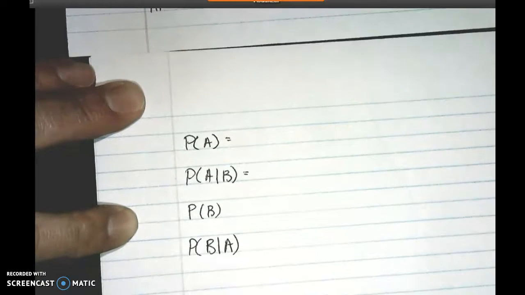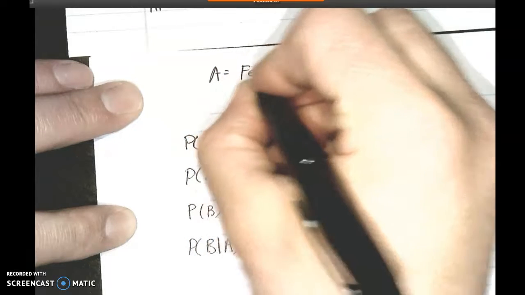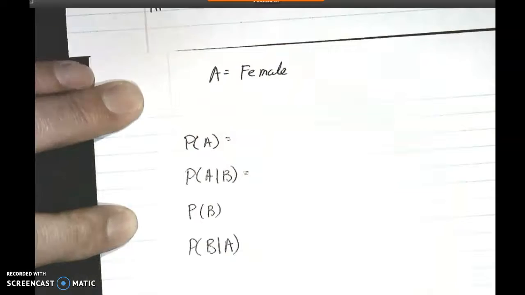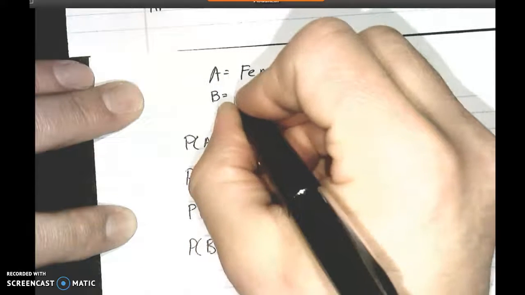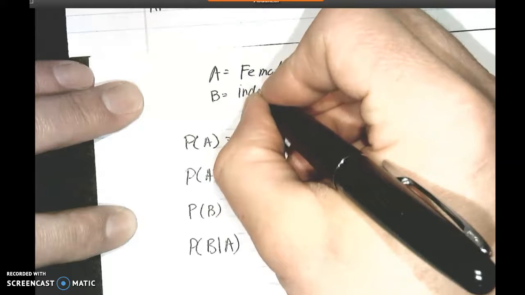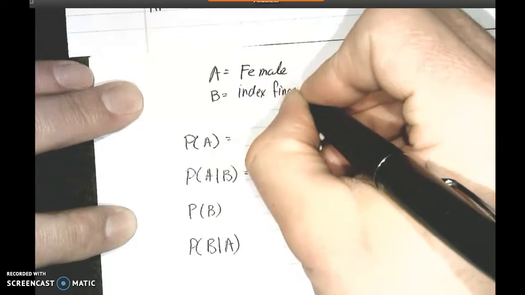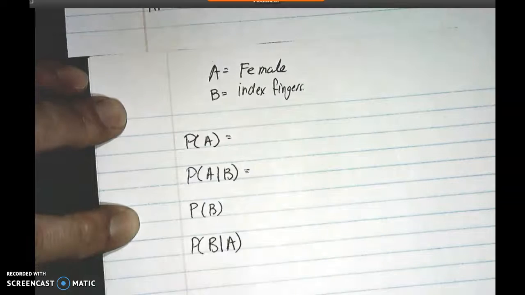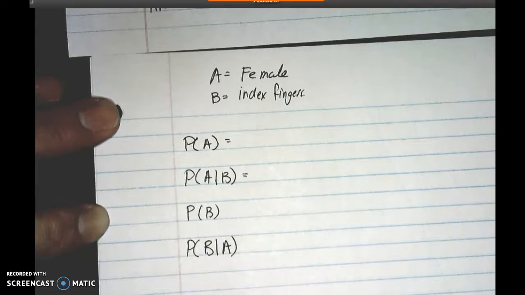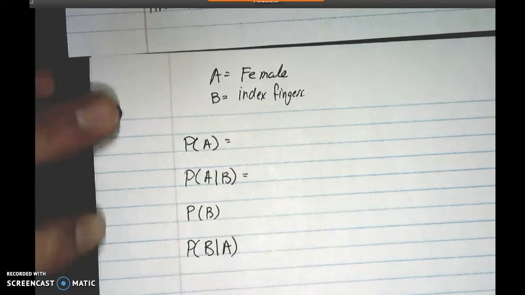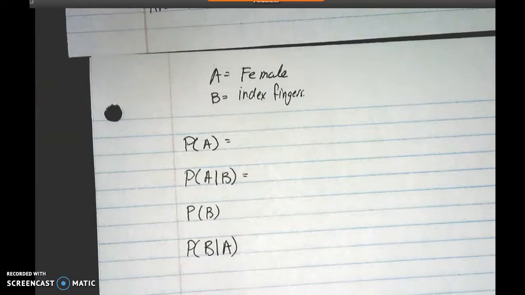Now, what I did is I said the event A is my female students, and then my B is going to be their index fingers. Obviously you need to state what event is what so that you can perform the test. If you wanted to switch it up, that's fine. You just got to state what you've done.